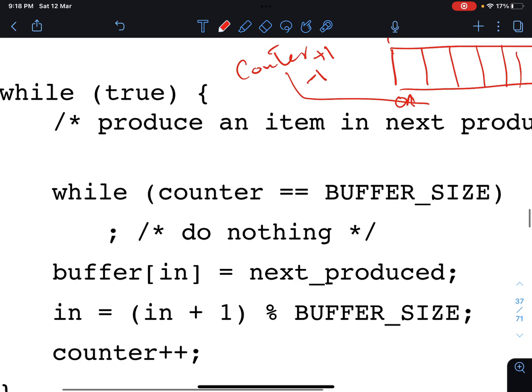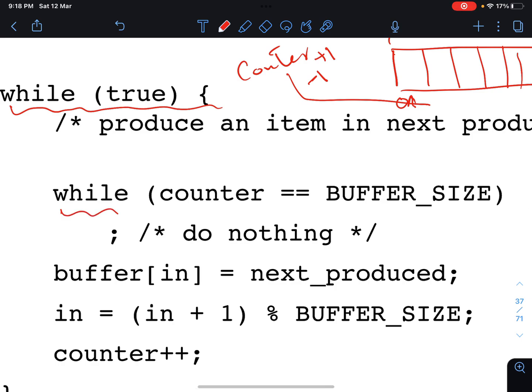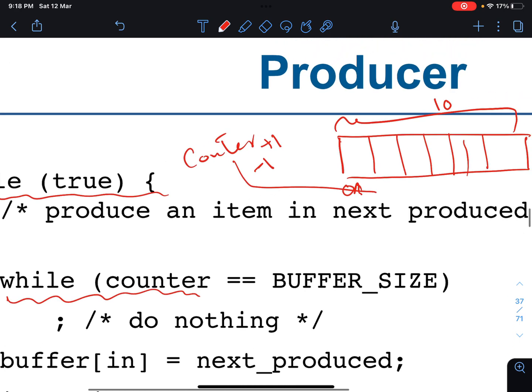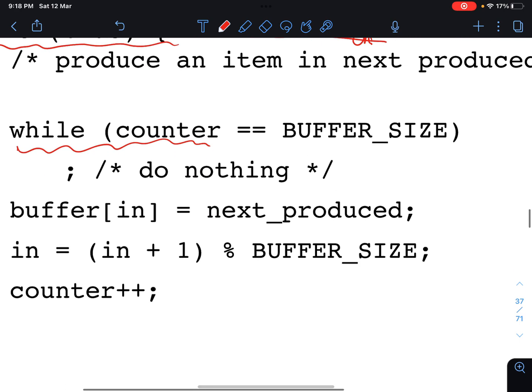Here is the while true, the external loop. Okay, infinite loop. And then you say, look at that. While counter, this is the producer, eh? This is the producer. So while counter equal buffer size. So if the counter is 10, what happens?